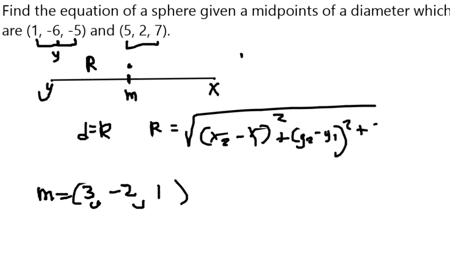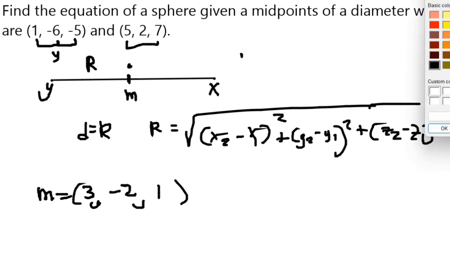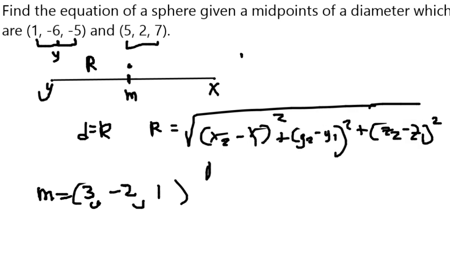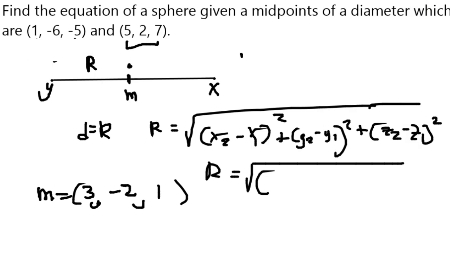If you remember, this is the equation of it. So we're going to plug in what we know. Let's say this first endpoint is our x sub 1, y sub 1, and z sub 1, while the other endpoint is x sub 2, y sub 2, and z sub 2.